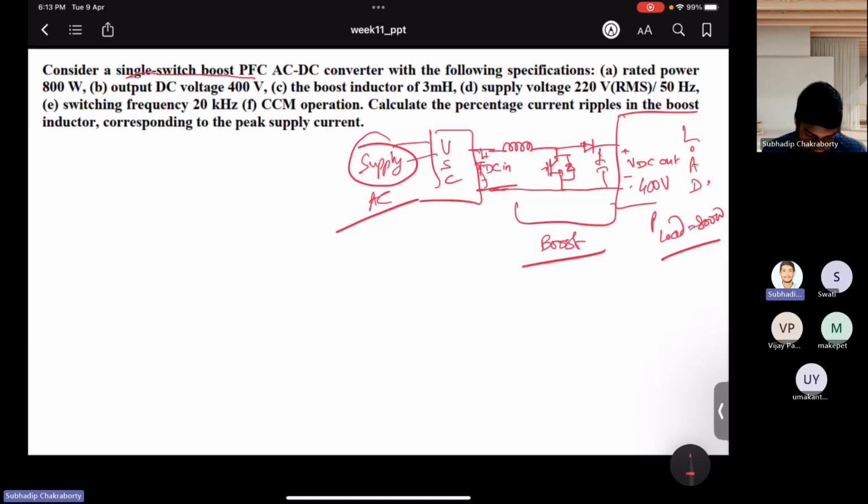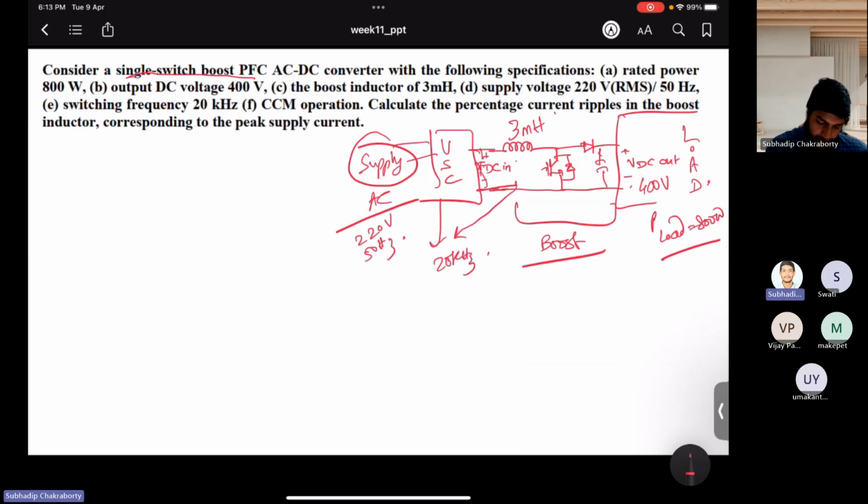You need to understand that the boost inductor value is given, not the source impedance inductor. We are talking about the boost inductor, 3 millihenry, this inductor as you can see in the slide. The supply AC voltage is as usual 220 volts 50 hertz, and the switching frequency is 20 kilohertz.